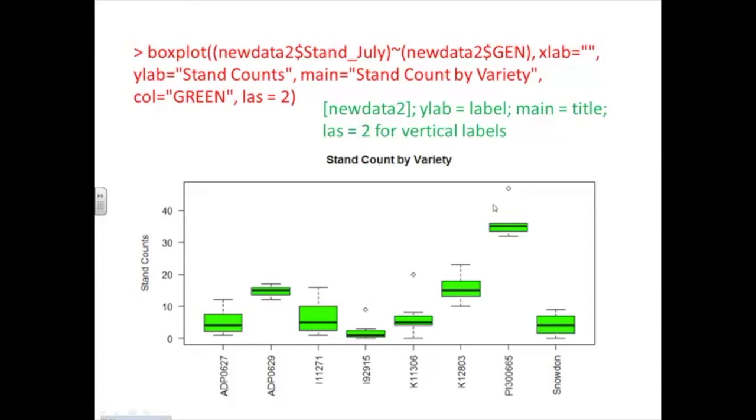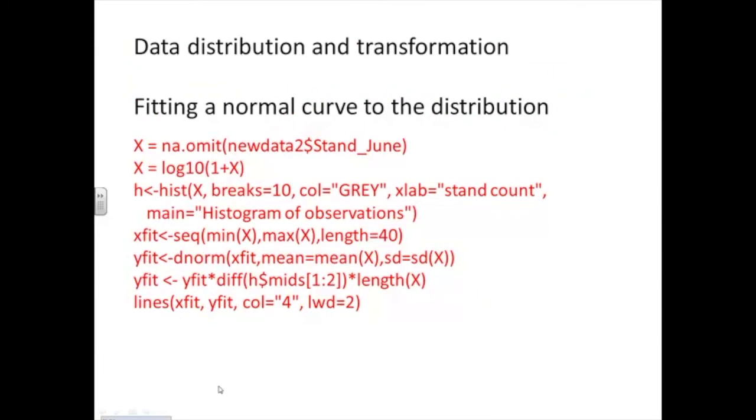Okay. All right. So we're using the new data 2 file. We're setting labels. We're setting titles. The other thing that I've added here is I've used this las equals 2 command, and that sets these as vertical rather than horizontal. Right? So a few tips there on how to graph things and make it look nice.